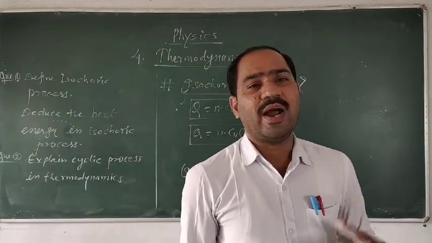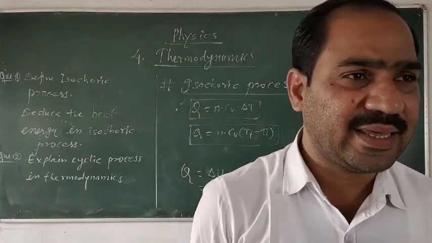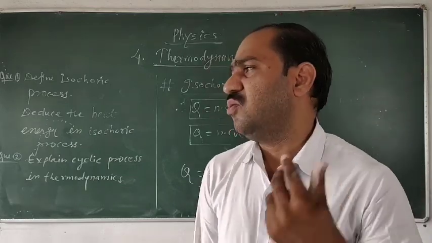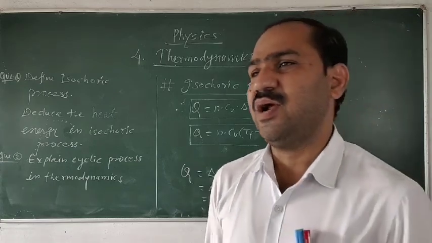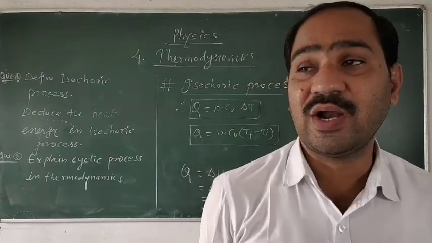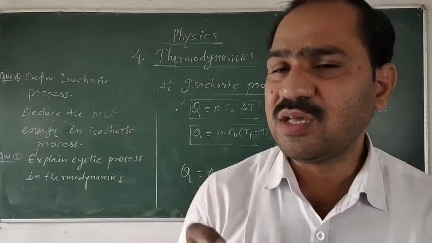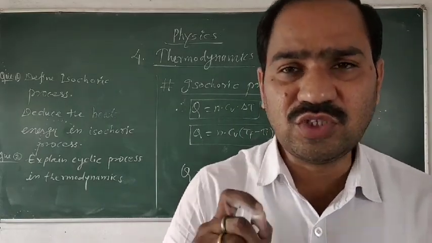Whatever heat energy is supplied to the ideal gas or system in the isochoric process, when its volume is kept constant, that heat energy is equal to the change in the internal energy only, because the work done term vanishes or becomes equal to 0.